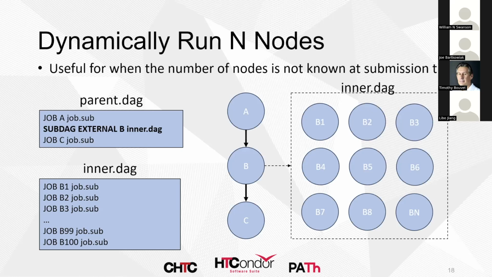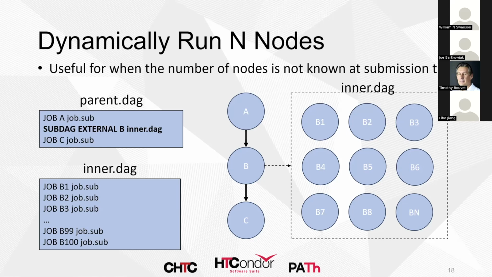Like I said, the parent DAG here has its primary DAG, and then here's the sub-DAG, and this is the sub-DAG running all our variation jobs. Sub-DAGs are just general DAGs, so you don't have to have a sweep of random jobs. You can make whatever complex workflow you want.